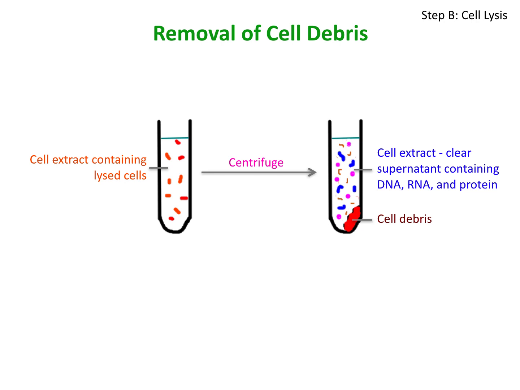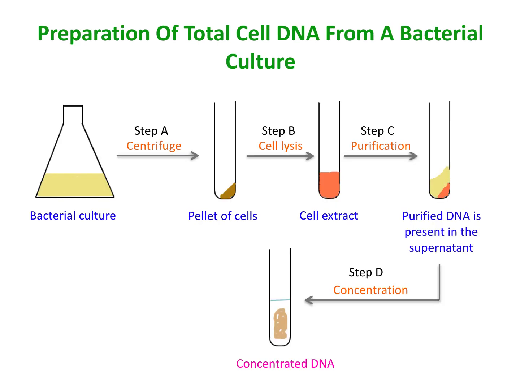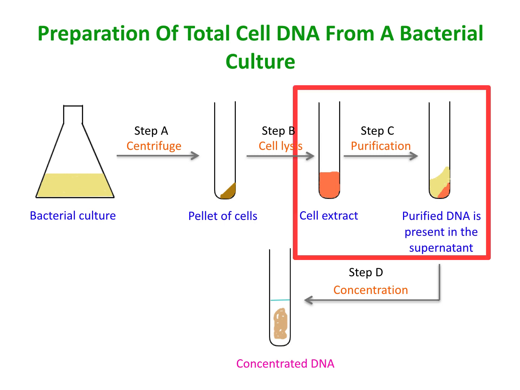But, too bad, this solution also contains protein and RNA from the lysed cells. So after cell lysis, we move on to the next step where protein and RNA are removed from the cell extract to obtain a pure solution of DNA. This I will explain in part 2 of this video series.